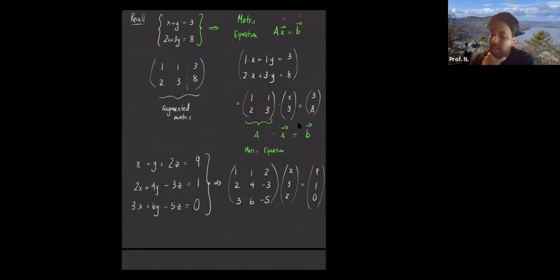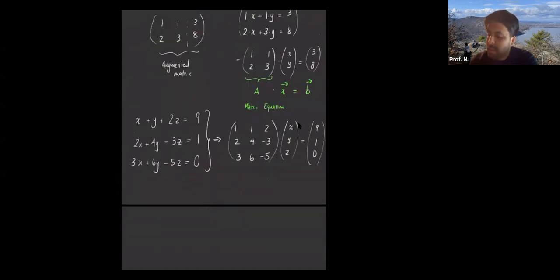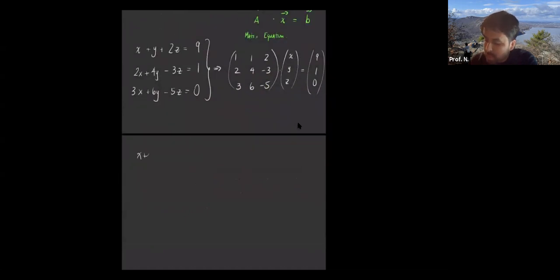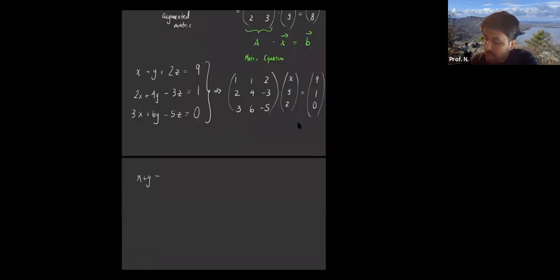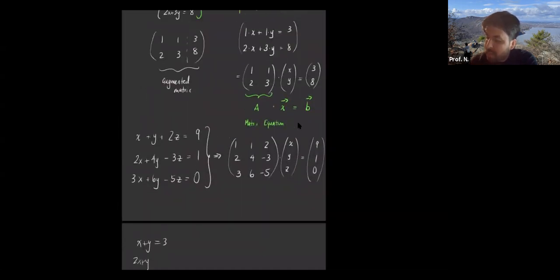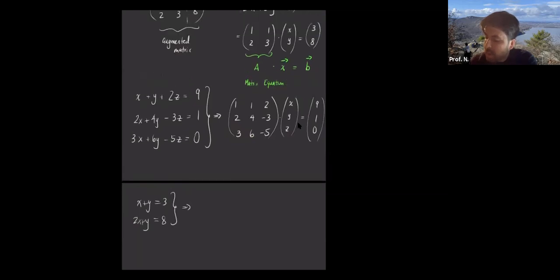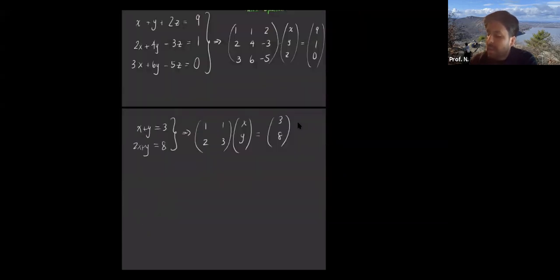There's another way we can also think about the examples that we just had, right? So I can think about X plus Y equals 3, 2X plus Y equals 8. I can think about this as what we just wrote, as the matrix equation 1, 1, 2, 3, times X, Y. And I can do one more thing to this.